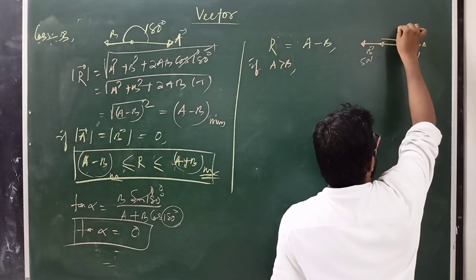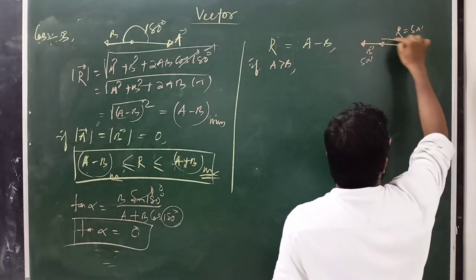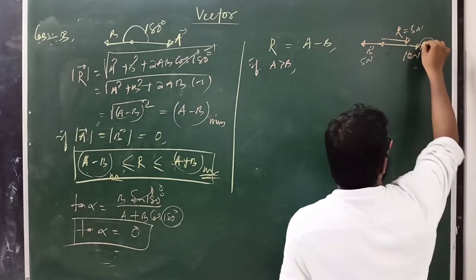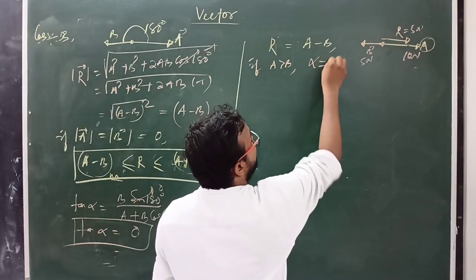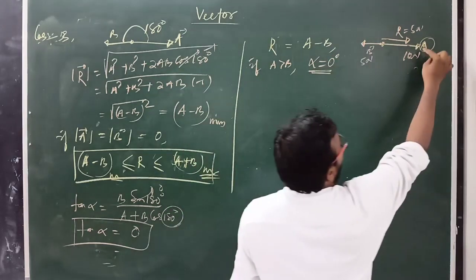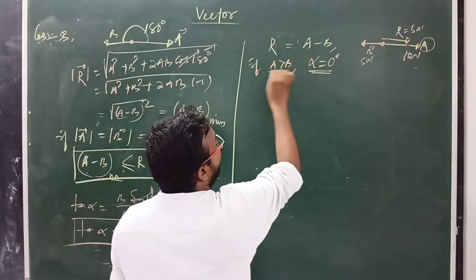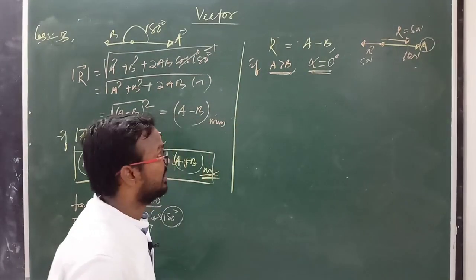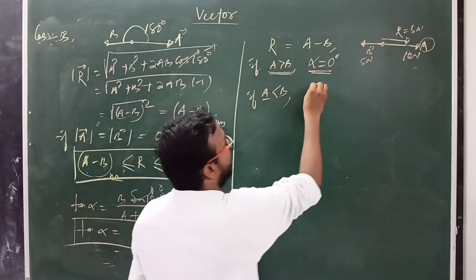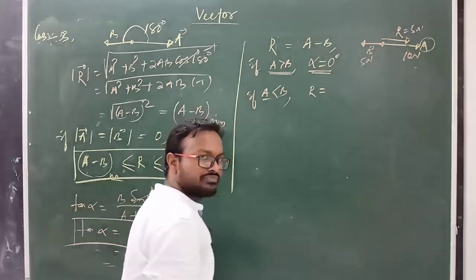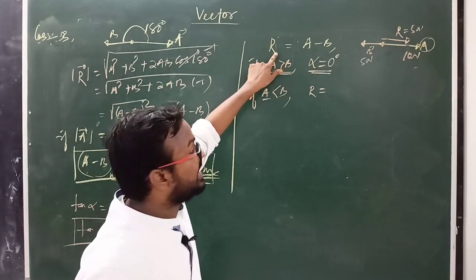This is resultant vector R and its magnitude is 5 Newton, and this vector is along the direction of vector A. Clear? So here alpha is equal to 0 degrees. Why? Because alpha is the angle between A and R when A is greater than B. This is one condition. Another condition, if A is less than B, then R would be negative, but we always take the magnitude, meaning positive sign.